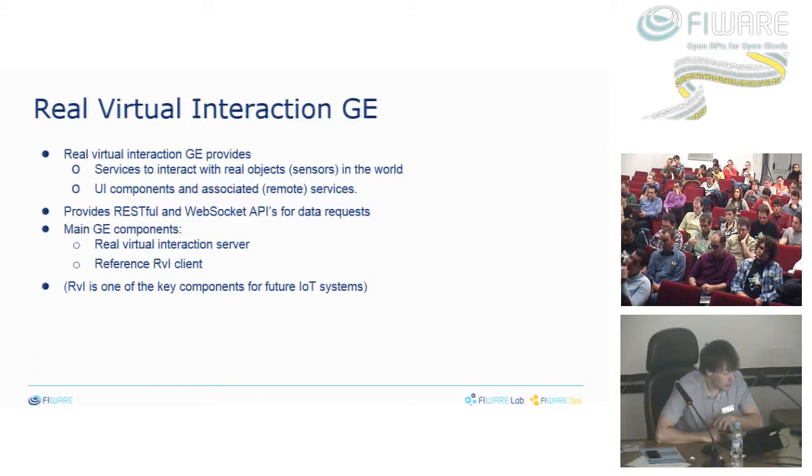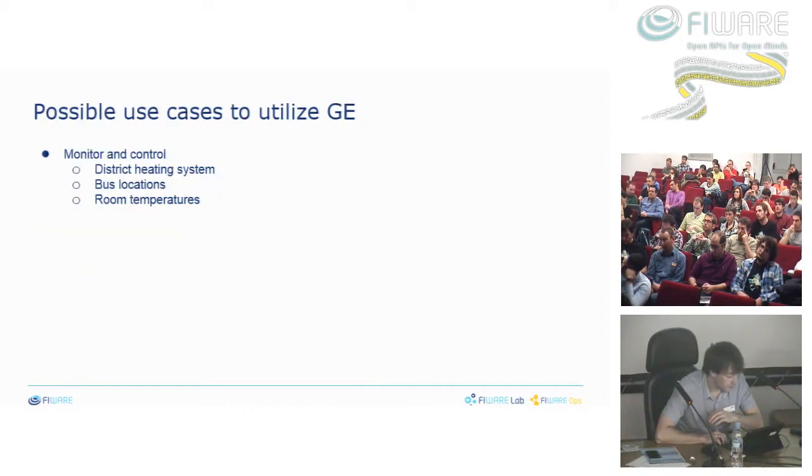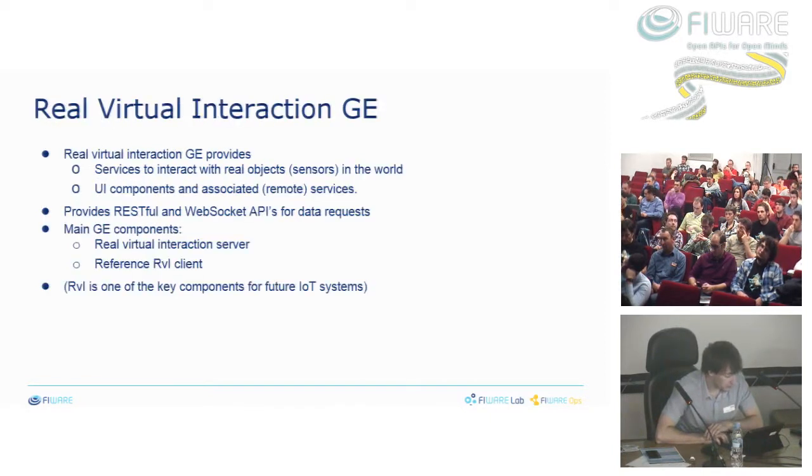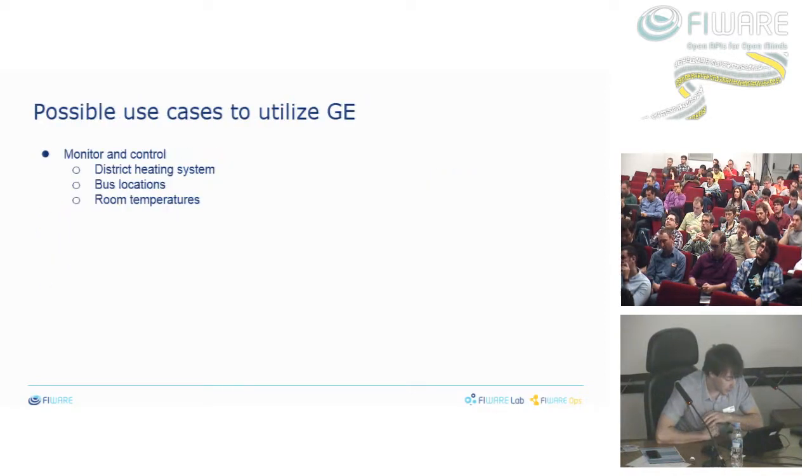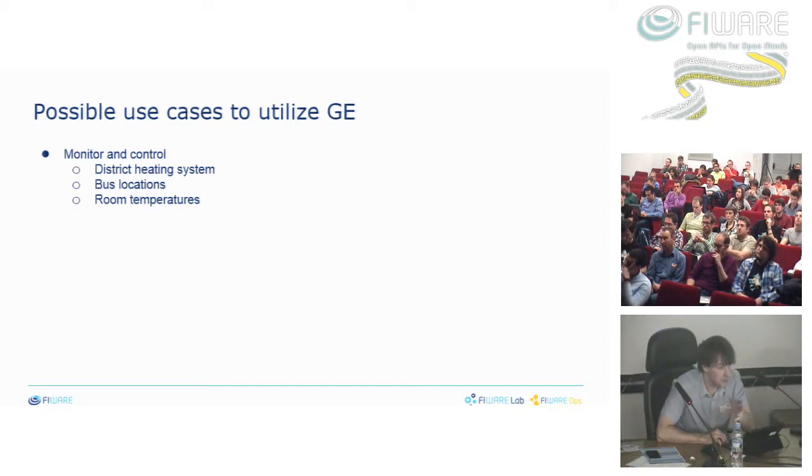The Real Virtual Interaction Server will later on talk with the context broker GE that was already presented to you. You are familiar with all those possible use cases around IoT devices like heating systems, bus locations, and room temperatures, which is the usual example.